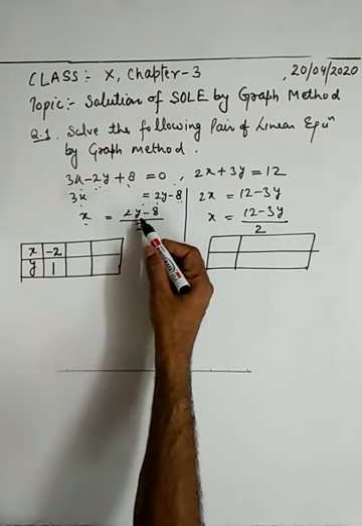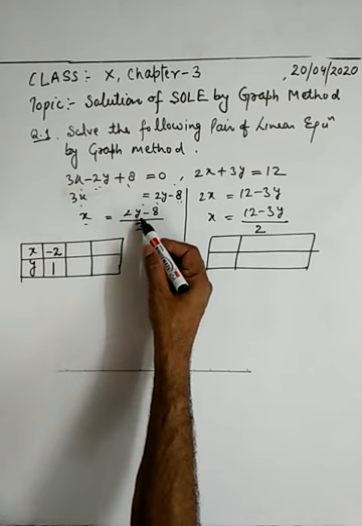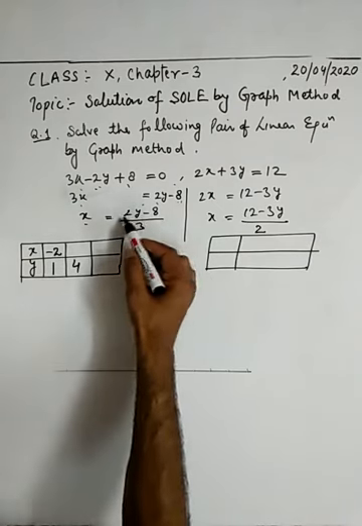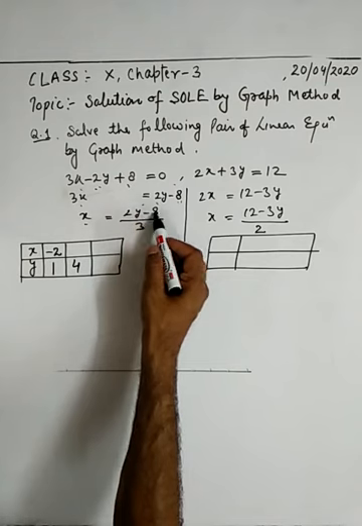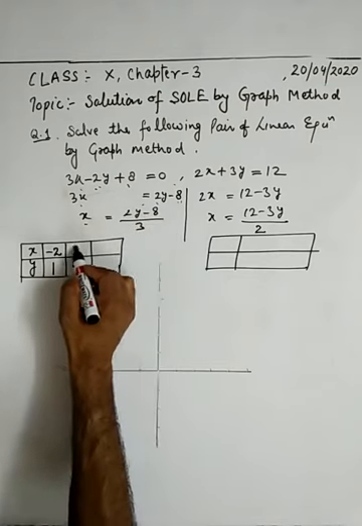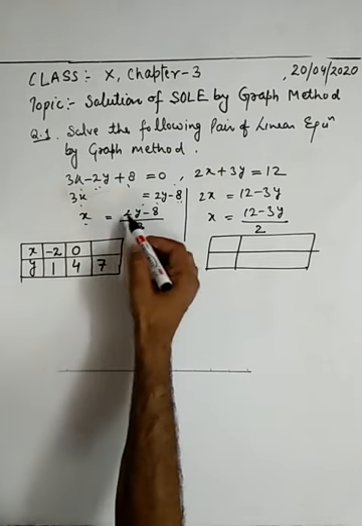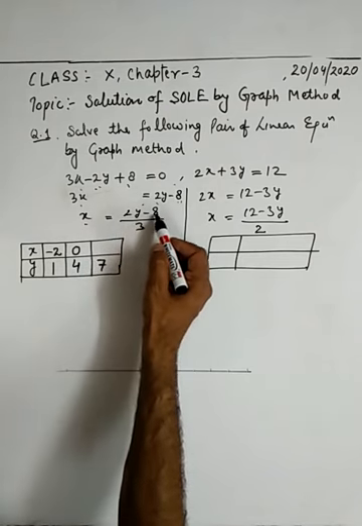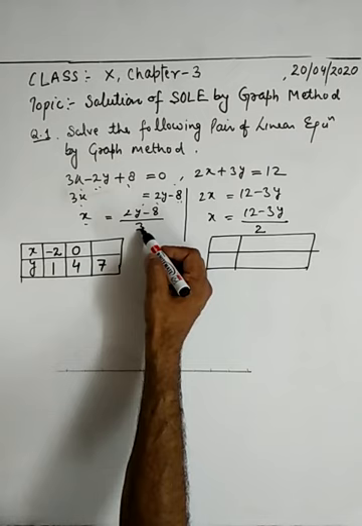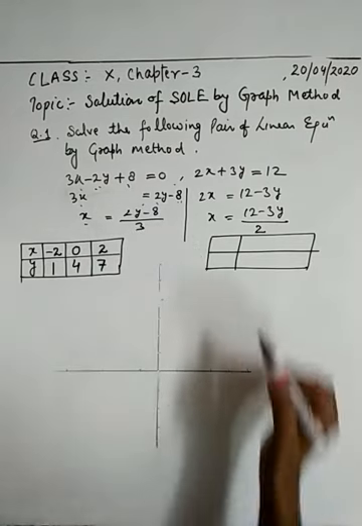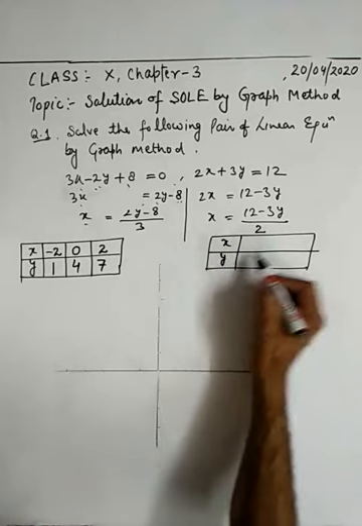So this value we will not consider. We will put y equal to 4: 2 times 4 is 8, 8 minus 8 is 0, 0 divided by 3 is 0. Put y equal to 7: 2 times 7 is 14, 14 minus 8 is 6, 6 divided by 3 gives 2. Similarly here we will find the values of x and y.